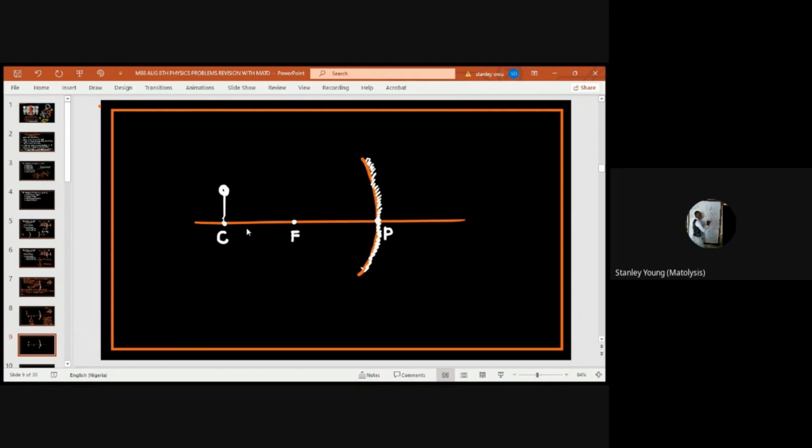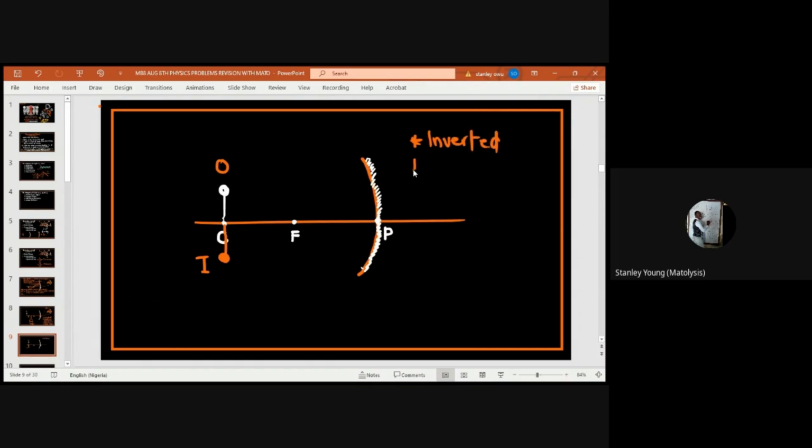When the object is positioned on the center of curvature, the image is usually formed here. Like I said, there is a separate video for the ray diagrams. This video will be too long, drawing ray diagrams here. So this is the object, this is the image. So the orientation, number one, it is inverted.